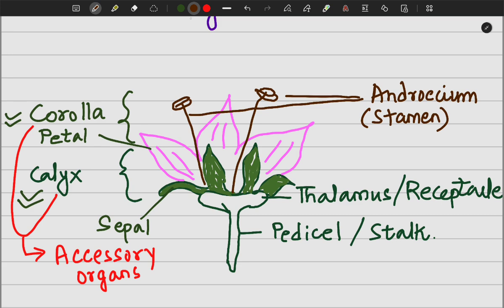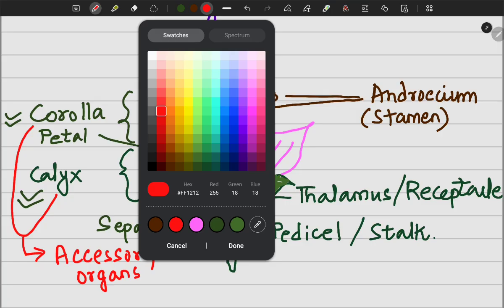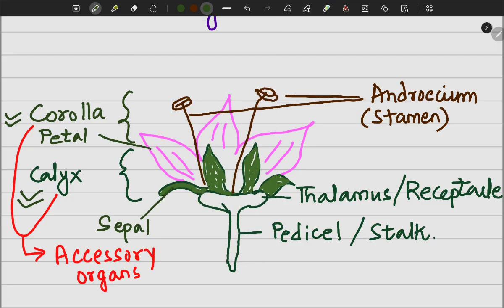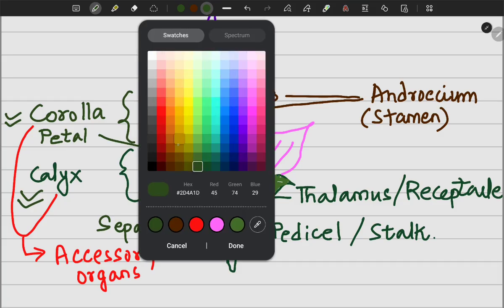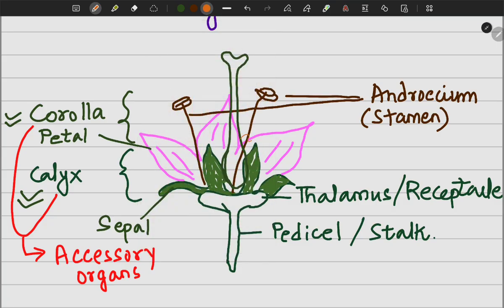Now let us look at the female reproductive organ of the flower. Let me use a different color. So this is the female reproductive organ of the flower.